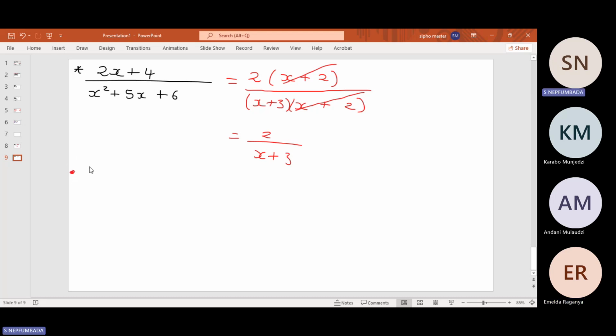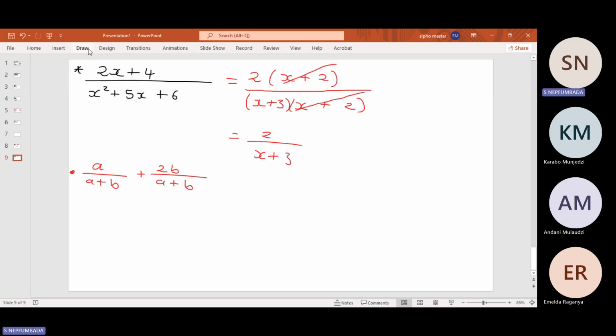Okay, let's say now we have a divided by a plus b, plus 2b divided by a plus b.